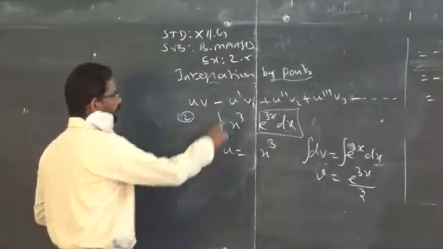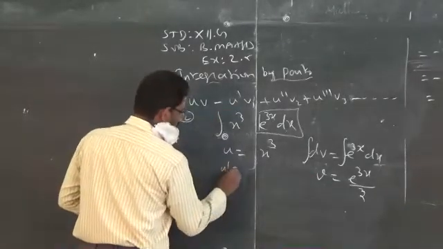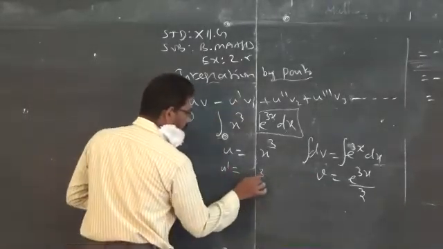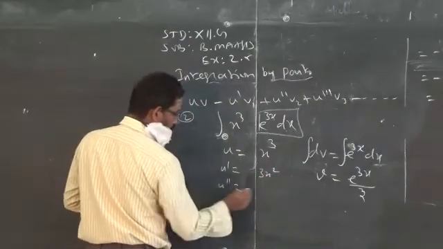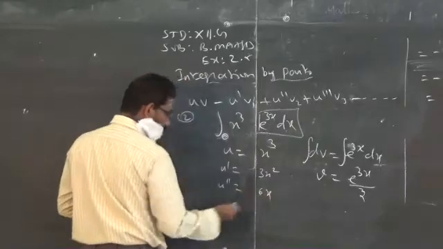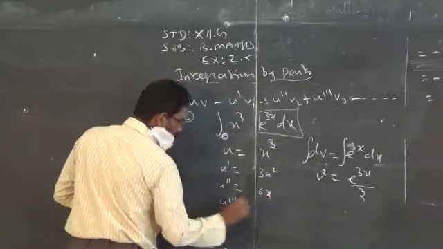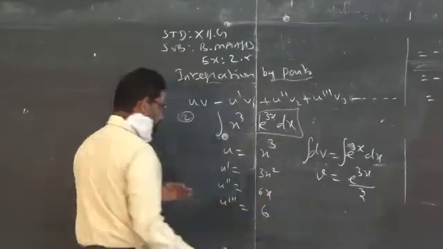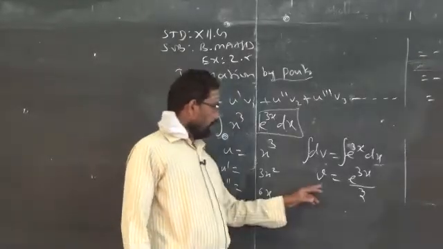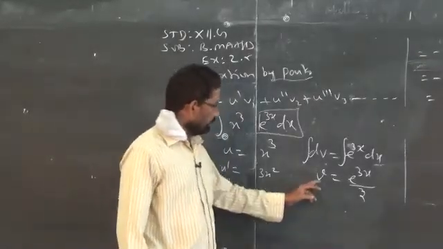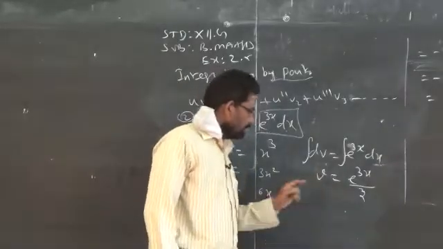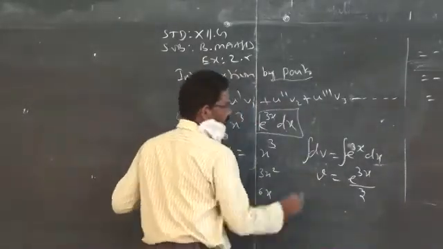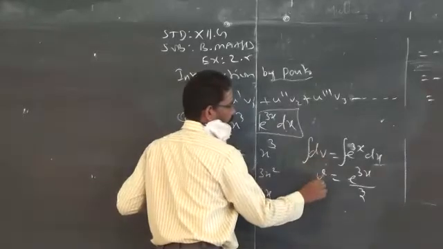Now you have to find u dash, that is the first order. Differentiate: 3x square, then second order 6x, till you get a constant. When you go to the third order, I got a constant, so you stop. Then you have to integrate v one more time, that is v1. Don't think that we already integrated, so why call it v1?